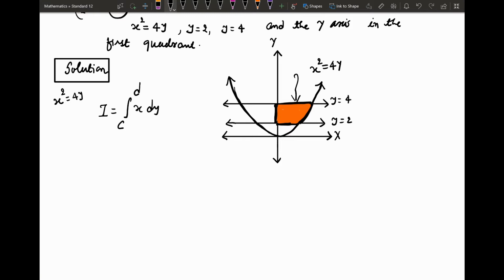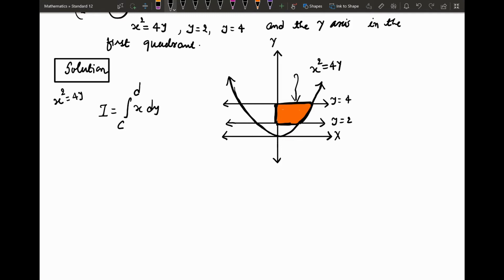If bounded with the y axis, then we have to use the formula integration c to d x dy. Note the difference. In the previous sum, the area was bounded with the x axis, so we used a to b y dx. Here the area is bounded with the y axis, so one has to use the formula integration c to d x dy.